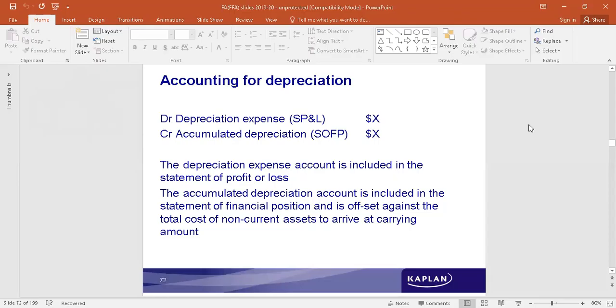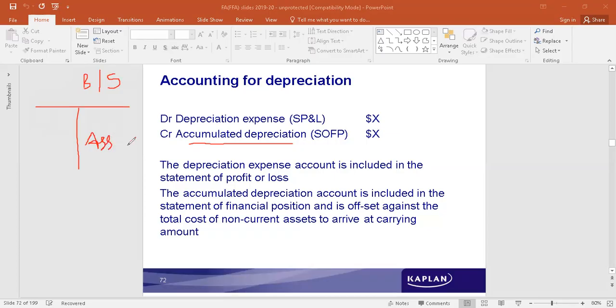But here in the journal entry, we see that there is something else mentioned, which is accumulated depreciation. I'm just putting here the key form of the balance sheet. The property, plant and equipment appears on the asset side.